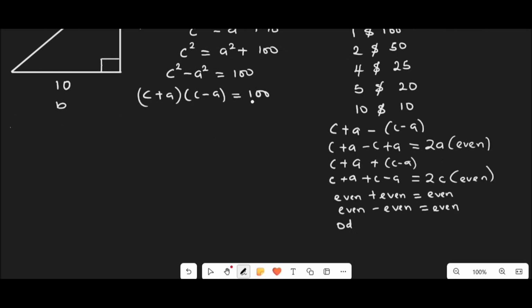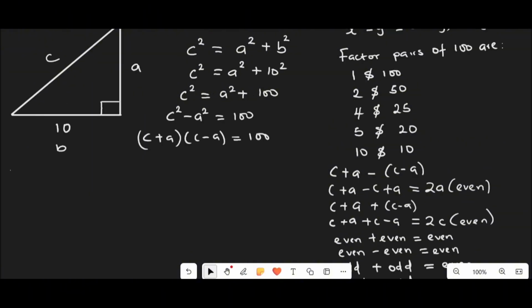Odd number plus odd number will give us even. And odd number minus odd number will give us even. So our pairs of factors must be both even or both odd.